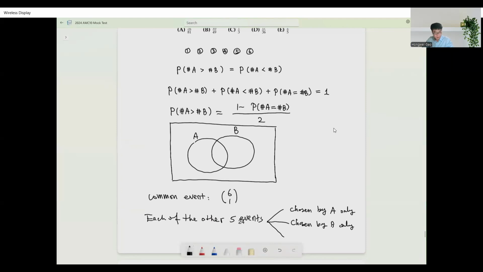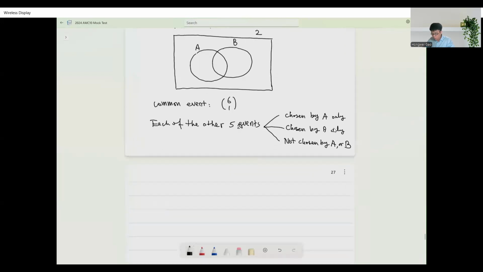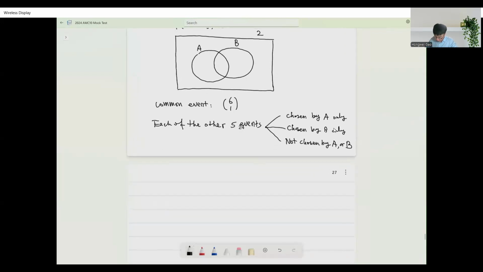And not being chosen by A or B. Not registered. So there are 3 cases. So now we can think about the total number of cases to arrange those events, to discuss which event A registered, which event B registered, based on the fact that A and B have only one common event.